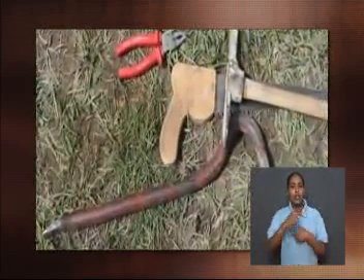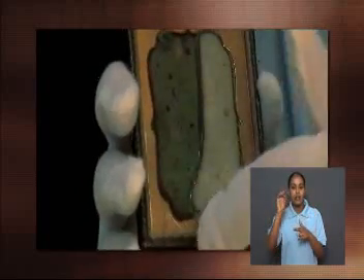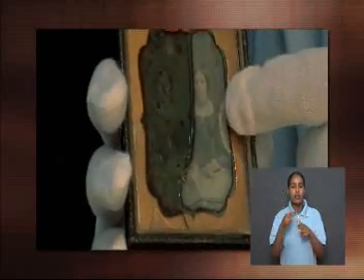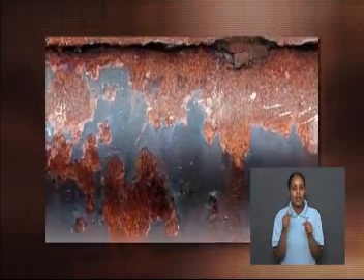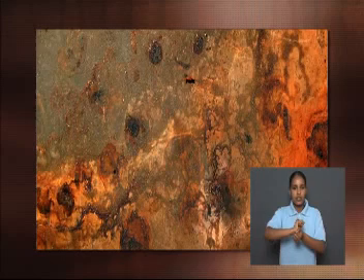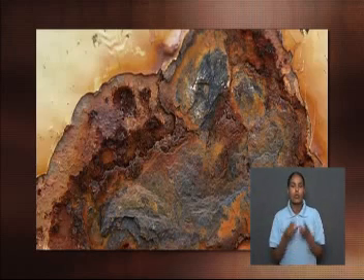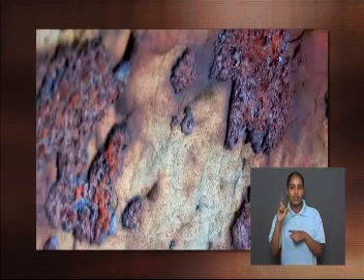Corrosion reactions are redox reactions in which a metal is attacked by some substance in its environment and is converted to an unwanted compound. Most metals oxidize easily at room temperature.